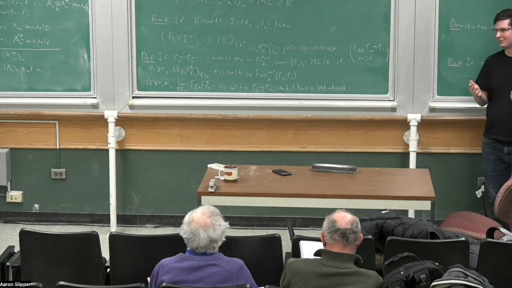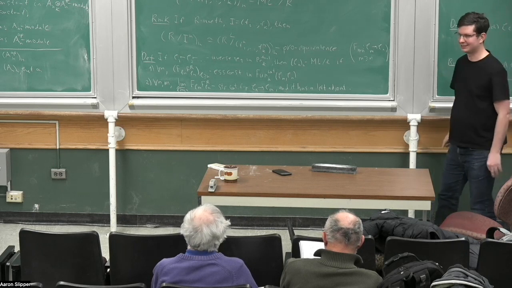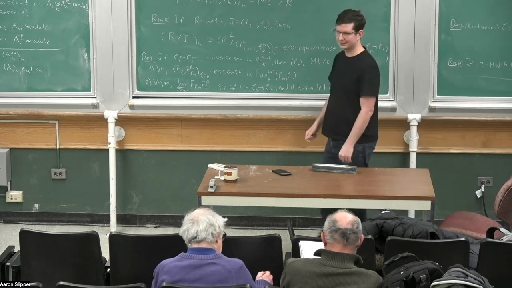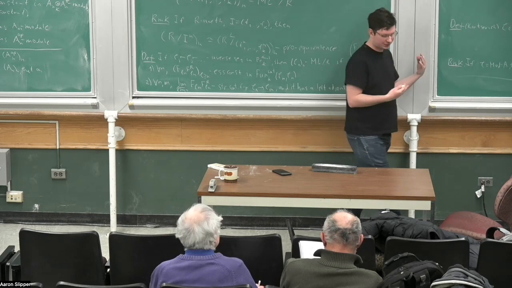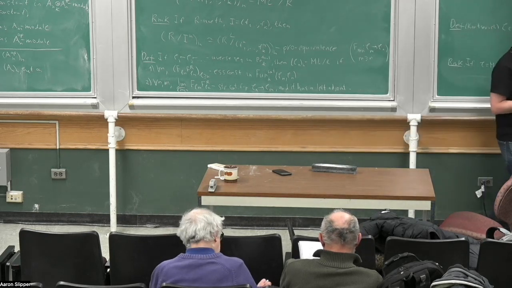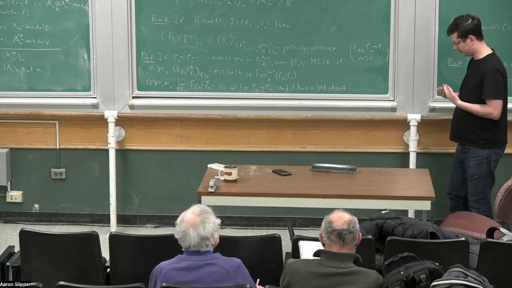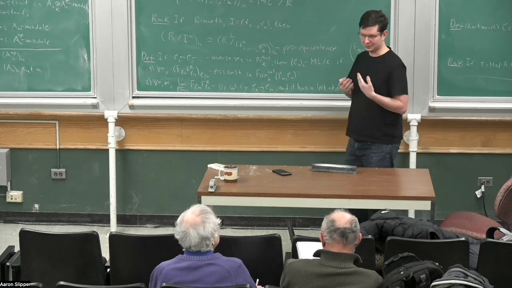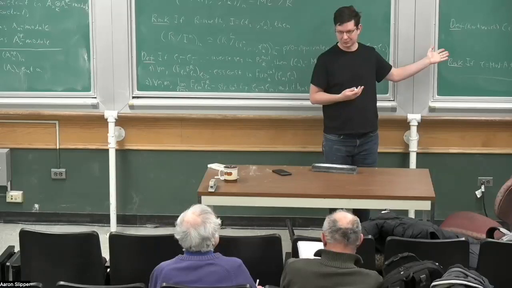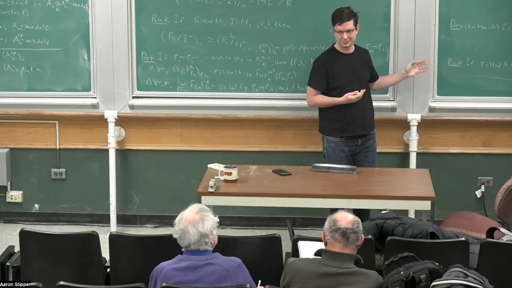Well, I would say almost never, unless zero dimension. Yeah, it's proper. And of course, the standard examples are separated schemes of finite type over a field, and then it just reflects the usual notion of smooth and proper.